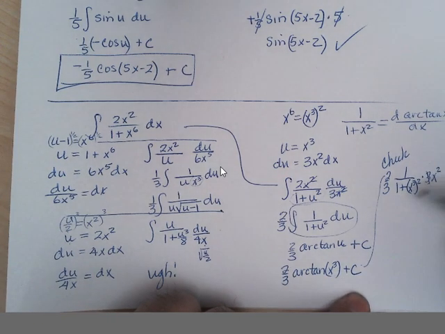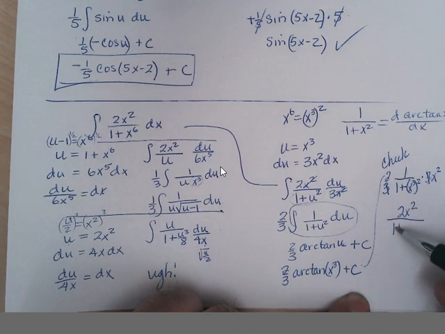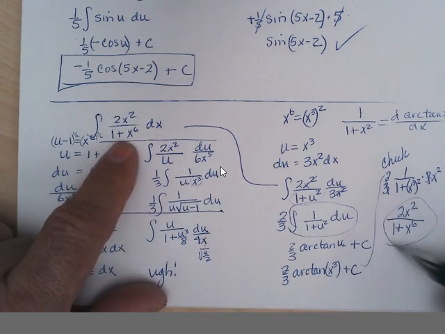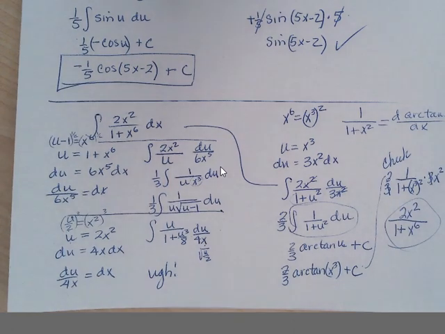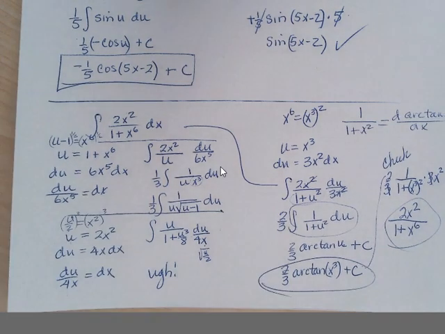This 3 cancels this, and I end up with 2 times 1 times x squared over 1 plus x cubed quantity squared, which is x to the 6th, which is what I was trying to get the antiderivative to. So this is the correct answer.